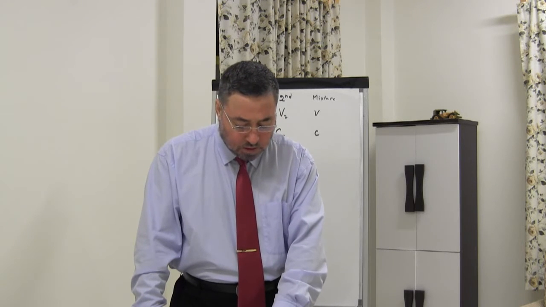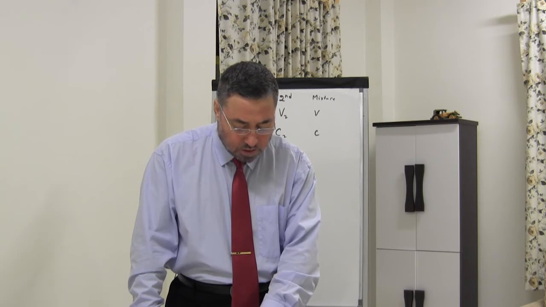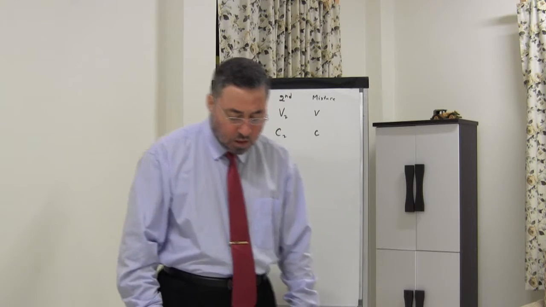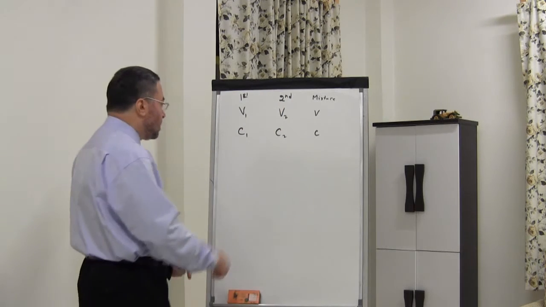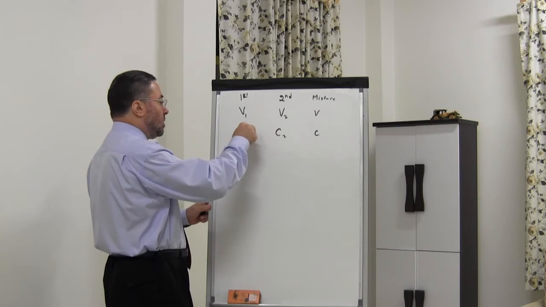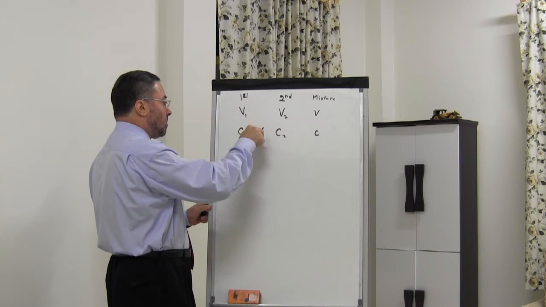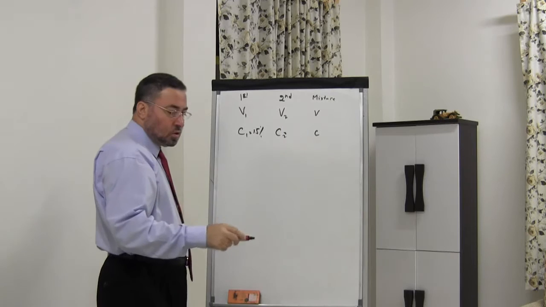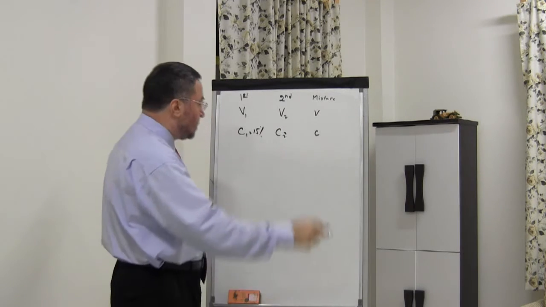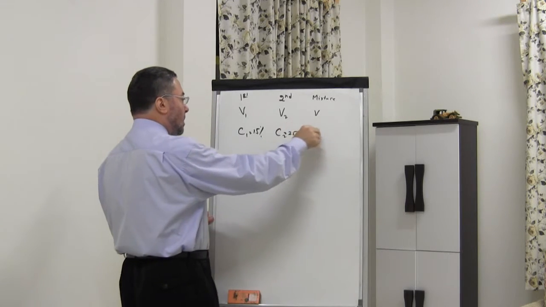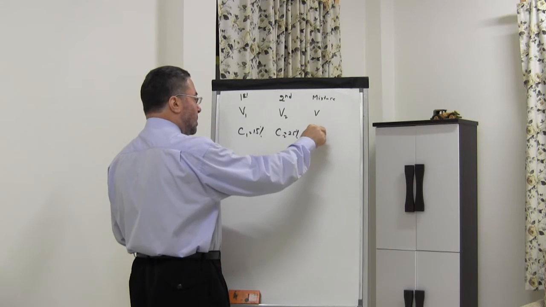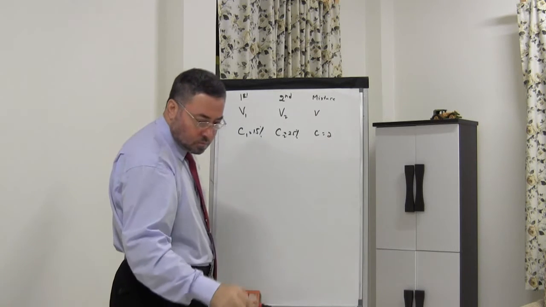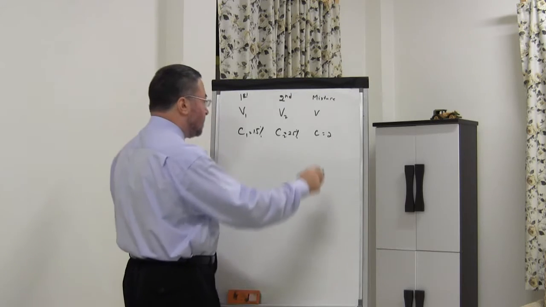Starting with number 6, a 15% acid solution is mixed with a 25% acid solution to obtain 20 gallons of a 21% acid solution. So here we have first 15%, solution number 1, and solution number 2, 25%, and the mixture is 21%.